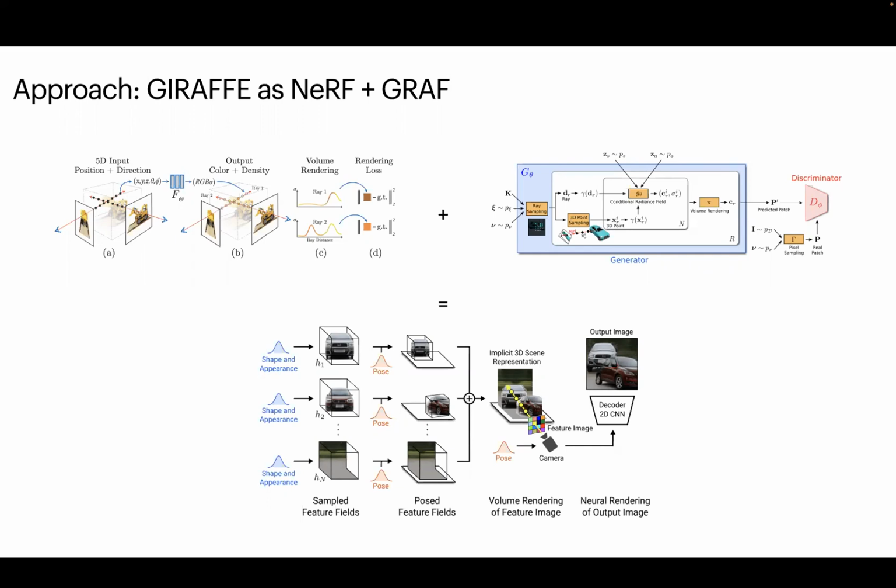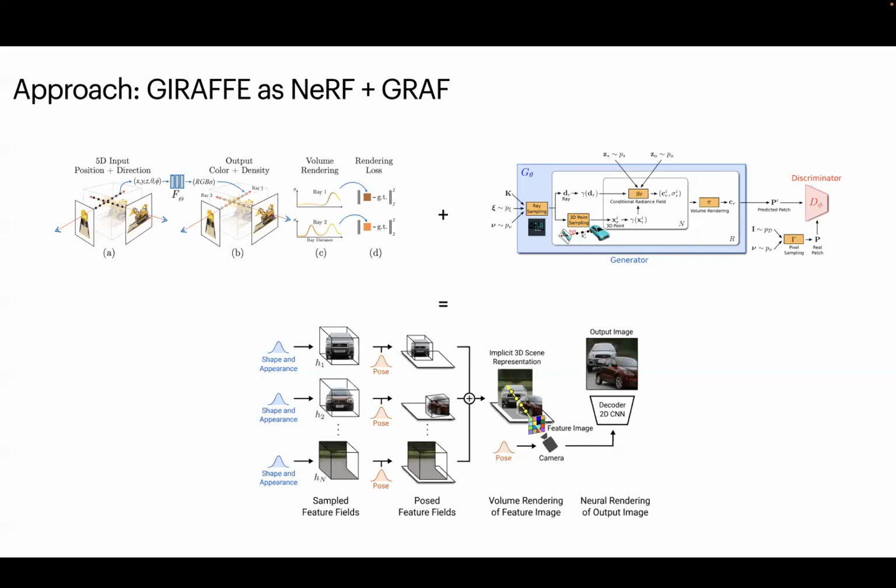So they neglected the RGB part in the feature fields, and afterward, when they go into the volume rendering of feature images, they put the features together as feature images in different camera viewpoints, generating a 3D representation of feature images. And then finally, they feed the 3D feature images to the 2D CNN decoder.